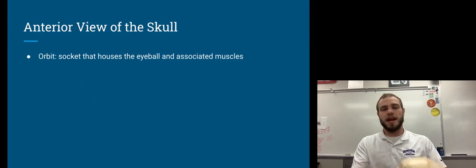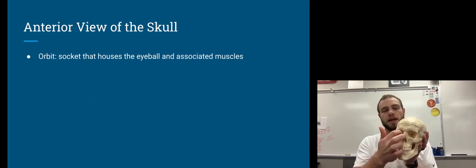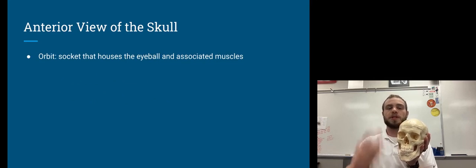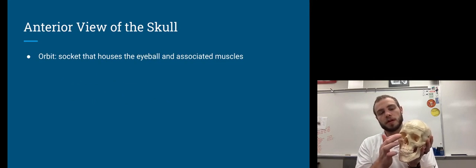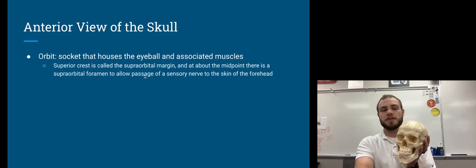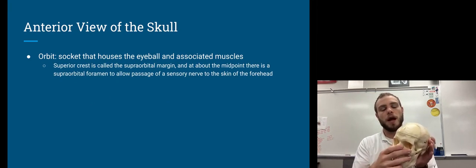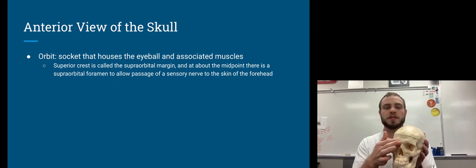So we're going to start with an anterior view of the skull. Okay, so you have the orbit, which we already talked about, the orbital region, back in Unit 1. The orbit is going to be the socket, which is going to house the eyeball and all associated muscles. You have different parts here, so we're going to start with the superior crest. Remember, superior meaning up basically towards the head.